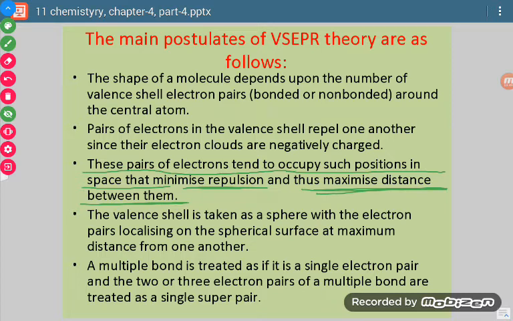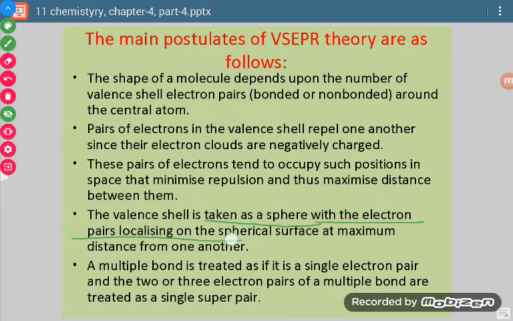When they do this, it results in a particular geometry or shape of the molecule. The valence shell is taken as a sphere with the electron pairs localizing on the spherical surface at maximum distance from one another.